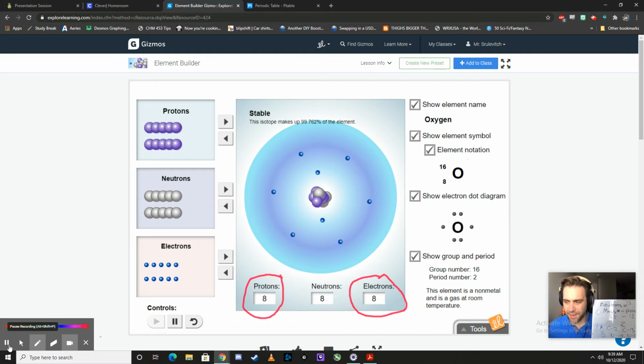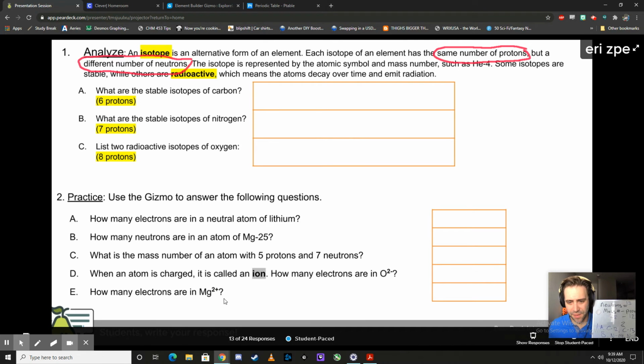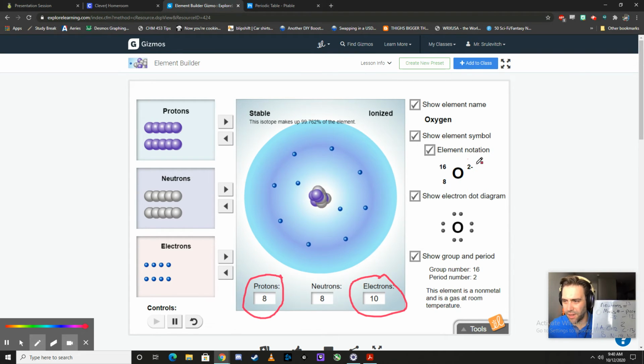Okay, now the question says to make it negative 2, so 2 minus. So there needs to be 2 more electrons than protons. So add 2 electrons, put 2 electrons in, and now we get our 2 minus notation.